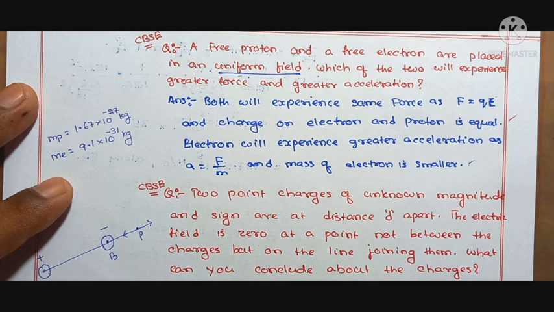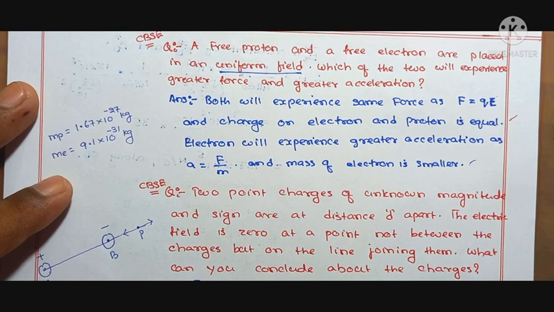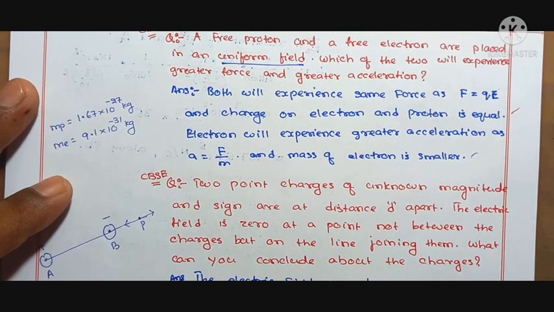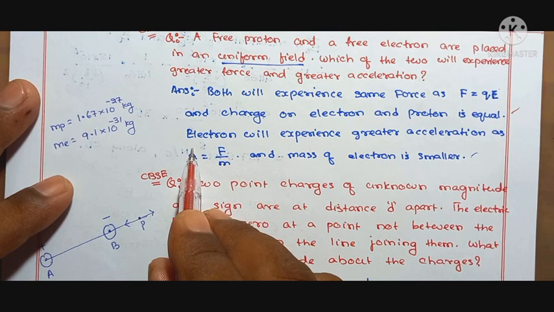Now electron will experience greater acceleration as compared to proton because the mass of electron is smaller. हम लोग को मालूम है formula F is equal to ma, that is a is equal to F by m. When mass is small, acceleration will be more.